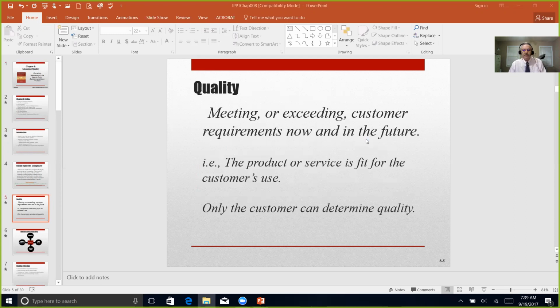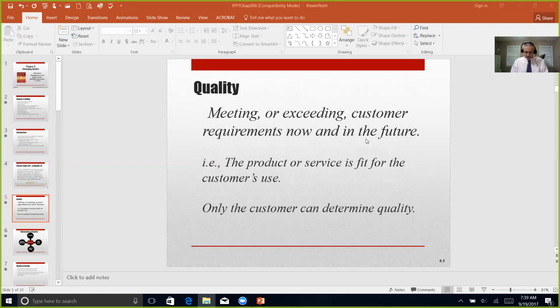So it's really the customer who determines what quality means, because at the end of the day, that's who we're providing that quality for. That's the reason we're doing it, to ensure that customer satisfaction is high. But customer satisfaction is a relative concept, and it's going to vary from customer to customer.